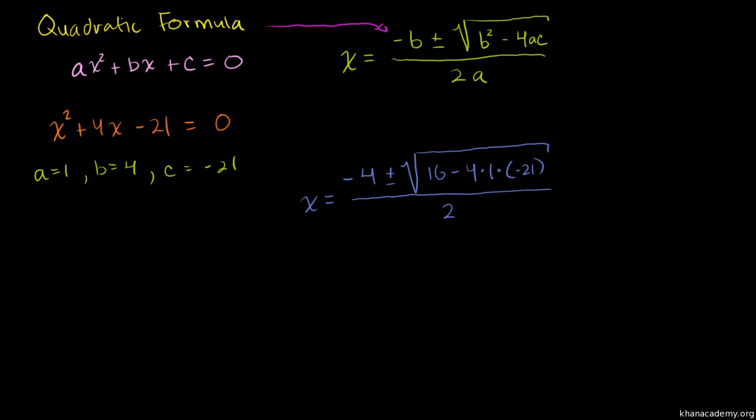So what does this simplify to? Or hopefully it simplifies. So we get x is equal to negative 4 plus or minus the square root of, see, we have a negative times a negative. That's going to give us a positive. And we have 16 plus, let's see, this is 4 times 1 is 4 times 21 is 84. 16 plus 84 is 100.